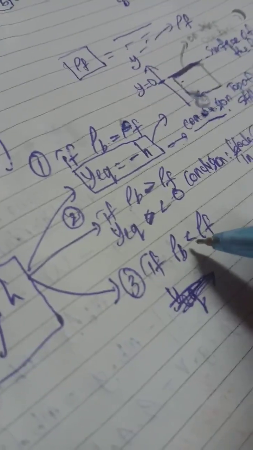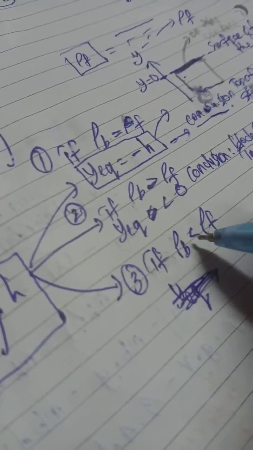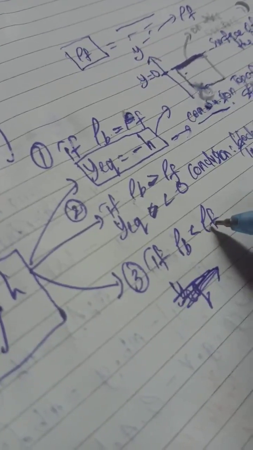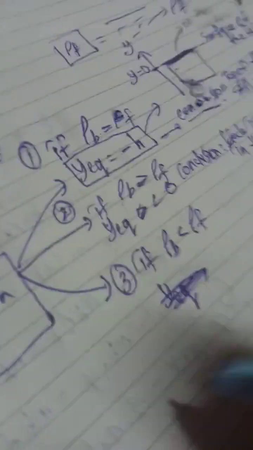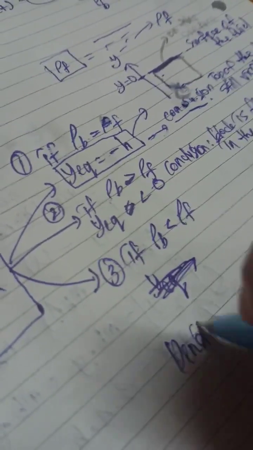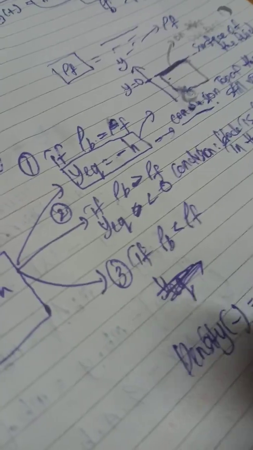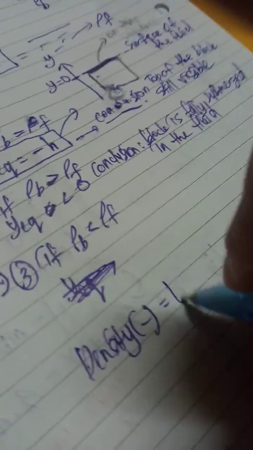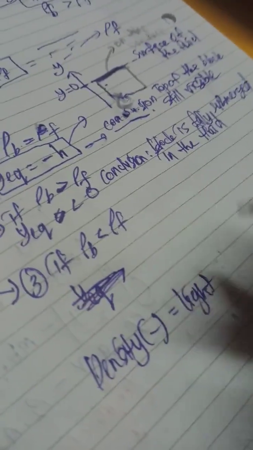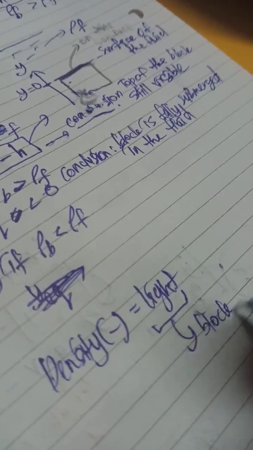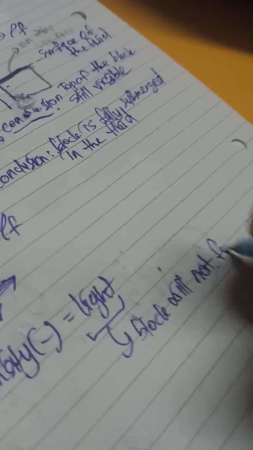So if the block has less density than the fluid, that means that the block is light. Light means that the block will not fully submerge.